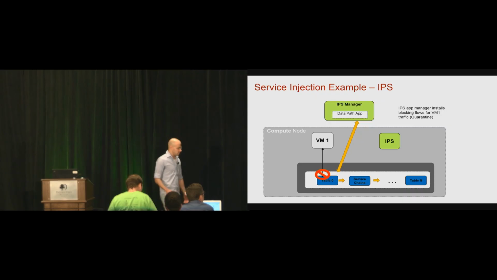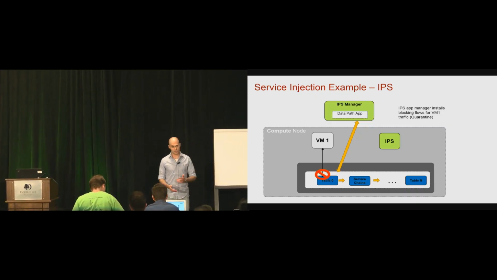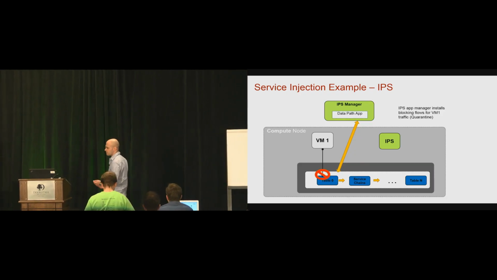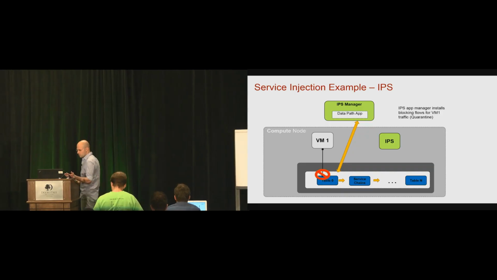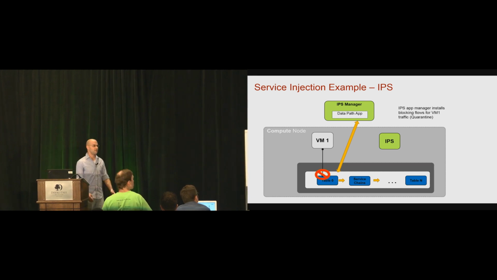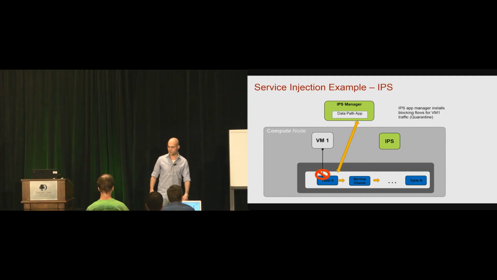This is, of course, a simple use case. There are other use cases. For example, if this IPS was an IDS and wasn't on the data path but got mirrored or tapped traffic, then topology service injection is the only way it could block the traffic. We could think about a DPI function that does quality of service and then installs marking flows in the infrastructure.